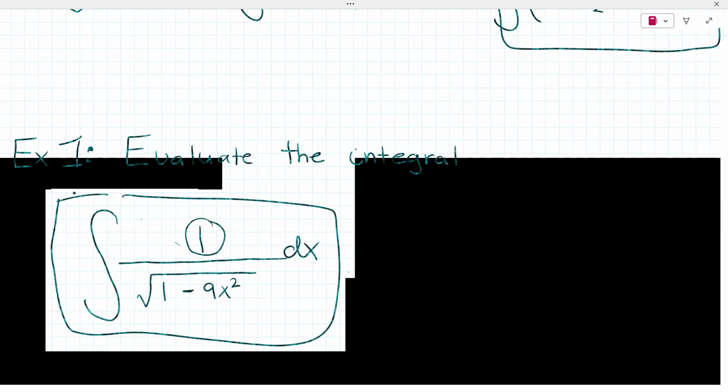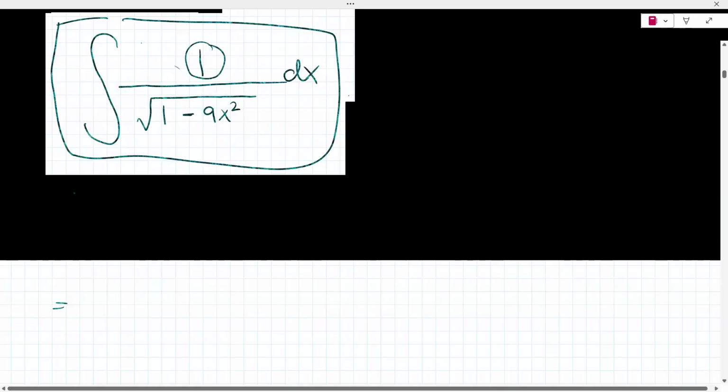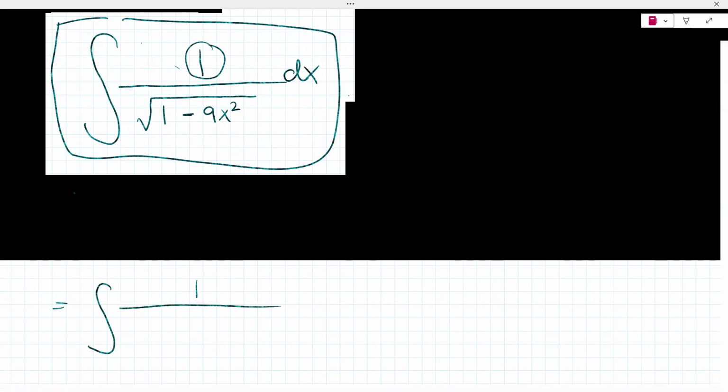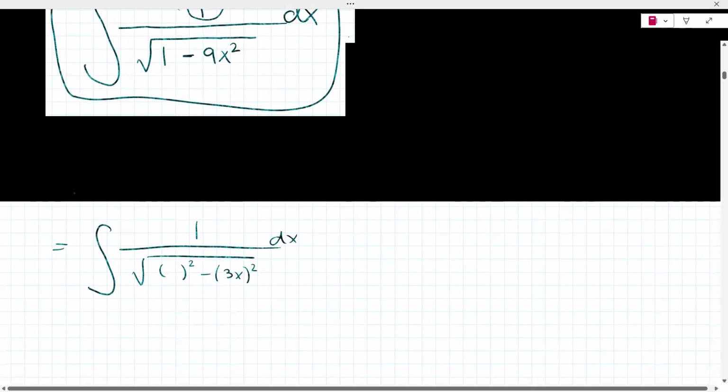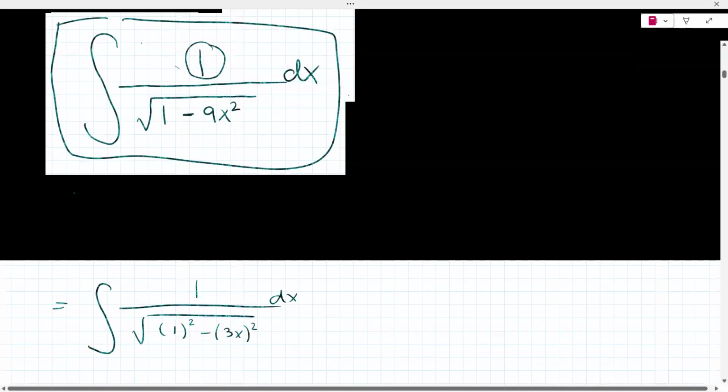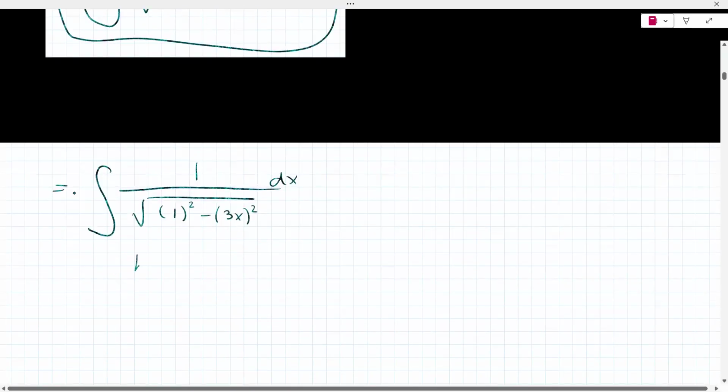We can rewrite this as a number squared minus a number times x, squared, so it'll be 3x. What number squared gives you 1? It would be 1. So our b is equal to 1.